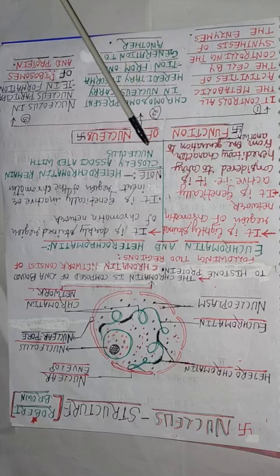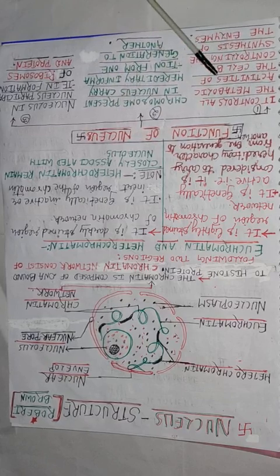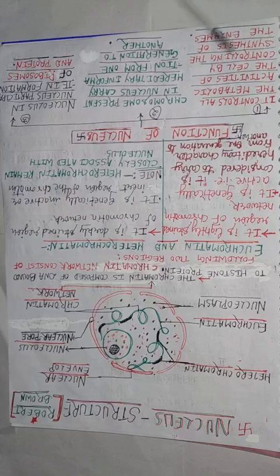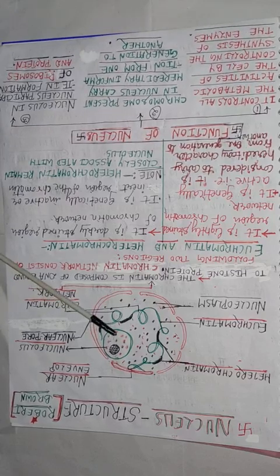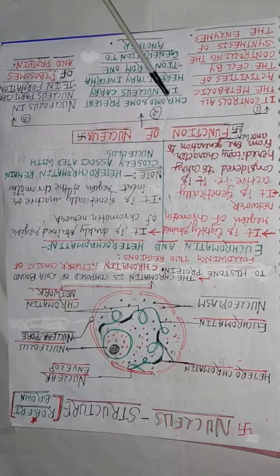Like our brain controls the entire body, similarly it controls all the metabolic activities of the cell by controlling the synthesis of the enzyme. Okay? Then the chromosomes present in the nucleus, all this chromatin material, carry hereditary information from one generation to another.